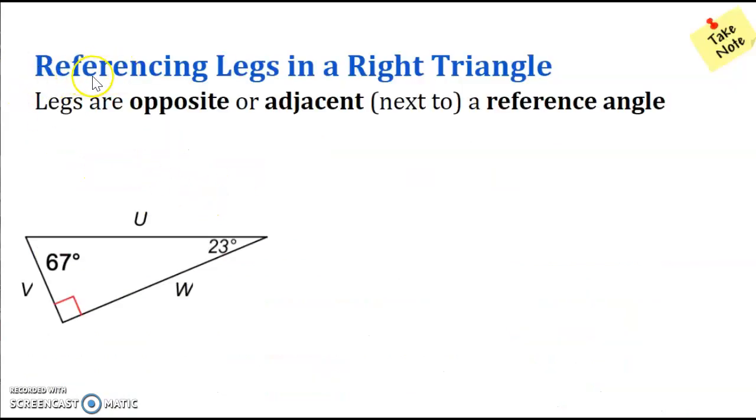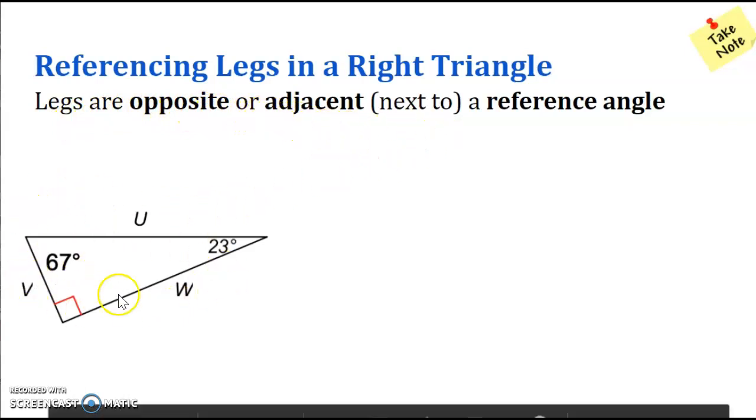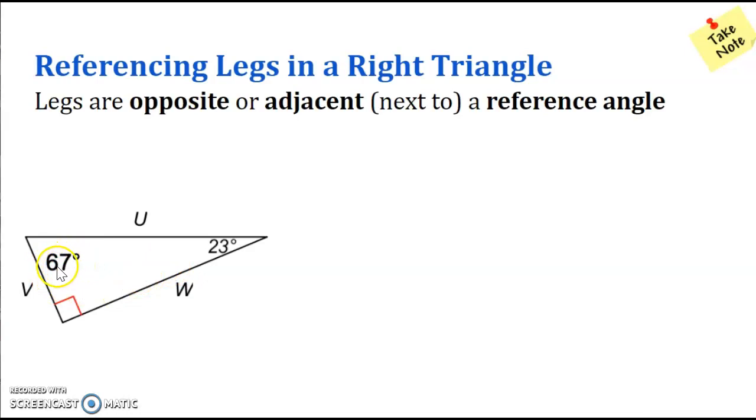Okay, so when we're talking about angles, when we're referencing legs in a right triangle, legs can be opposite or adjacent to a reference angle. So in this case, depending on whether we're talking in terms of the 67-degree angle or the 23-degree angle, what is the leg that is opposite and adjacent will change.